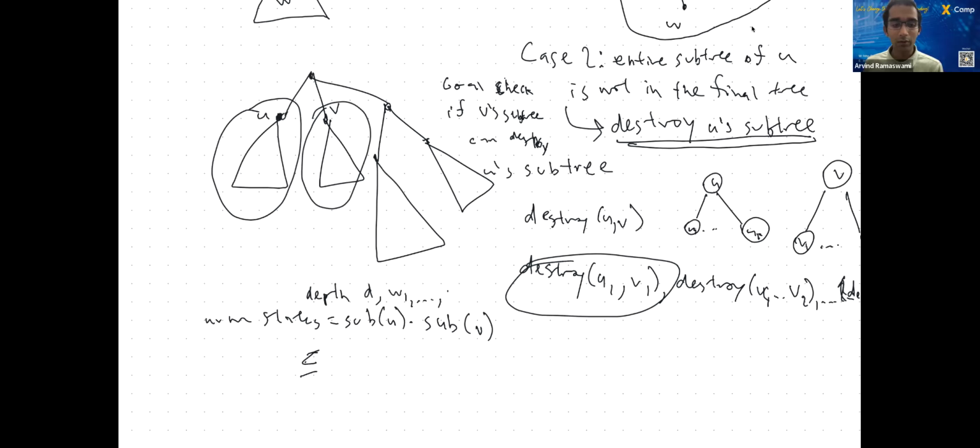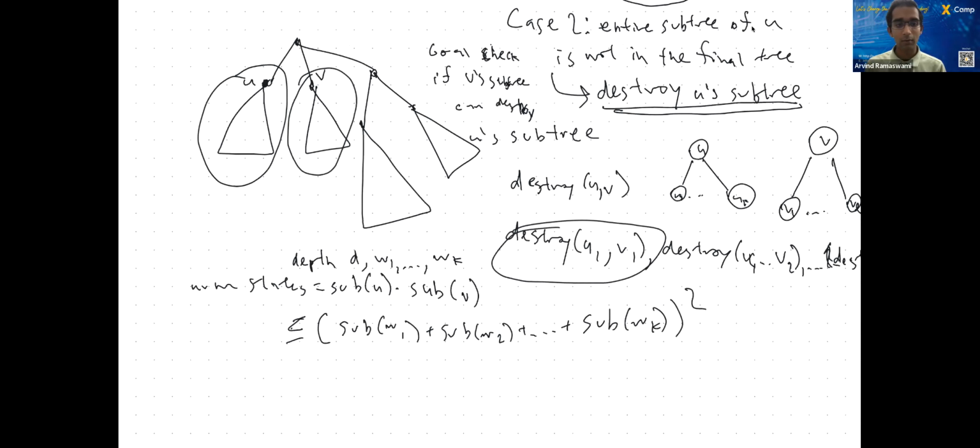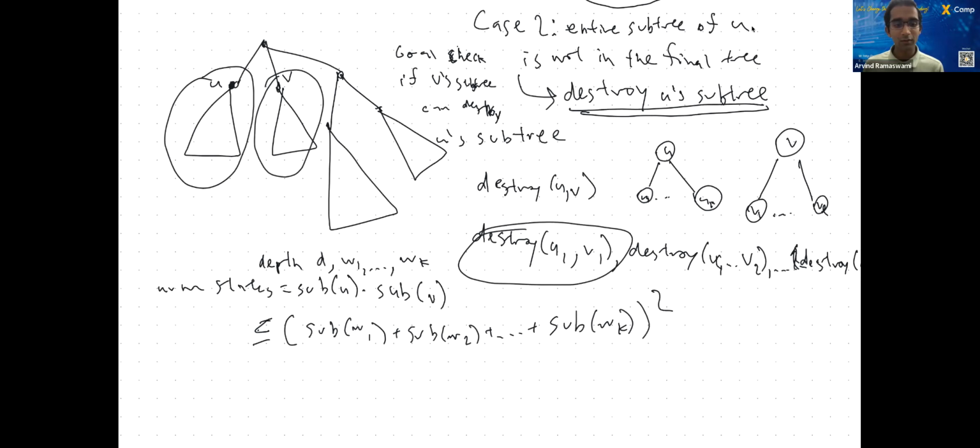So the number of computations that we have is at most (sub(W1) + sub(W2) up to sub(WK)) squared, which is just the sum of the subtree sizes squared.